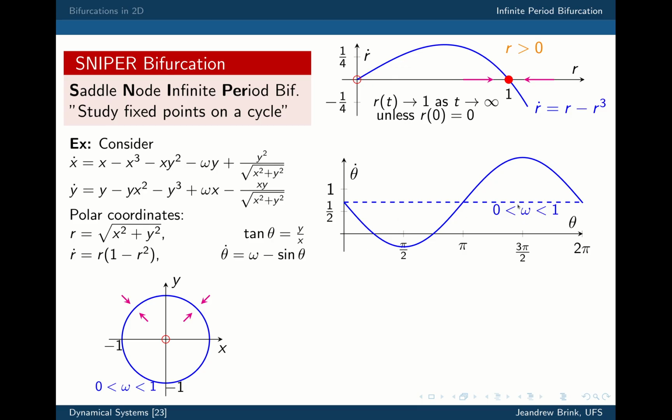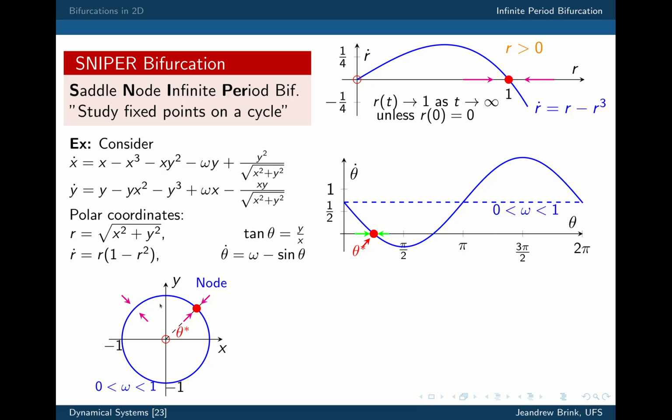In the special case where omega is between 0 and 1, this graph has two zeros where theta dot is equal to 0. The smaller one is over here. It's the stable fixed point, and we're going to call it theta star. And the larger zero is the other, unstable fixed point, which occurs at pi minus theta star.